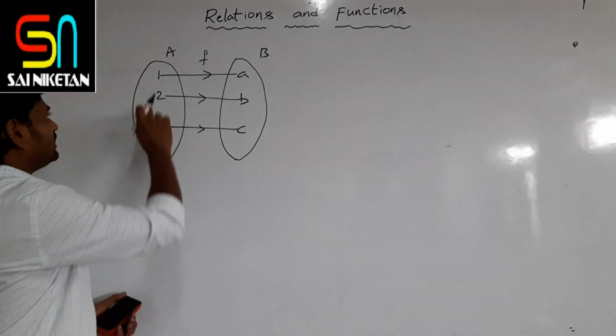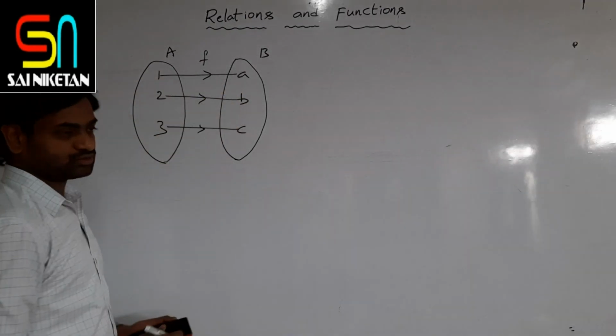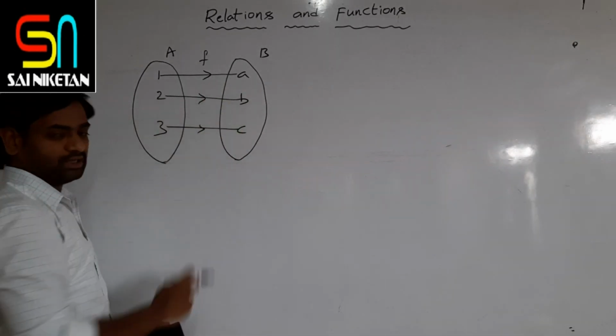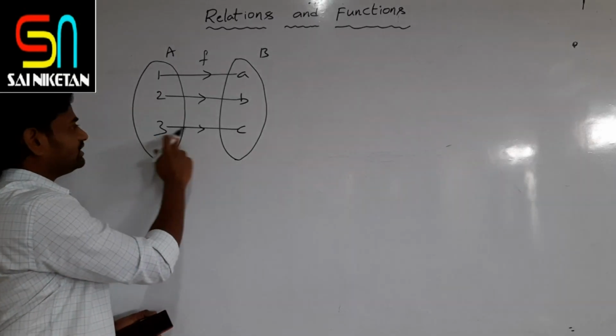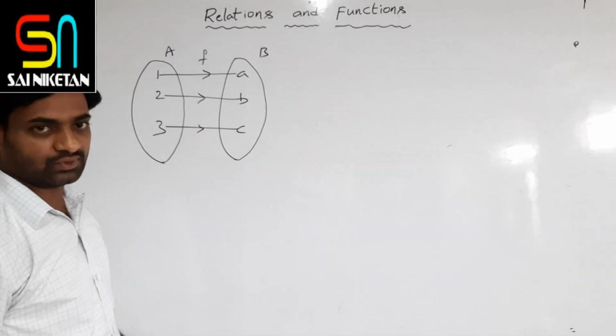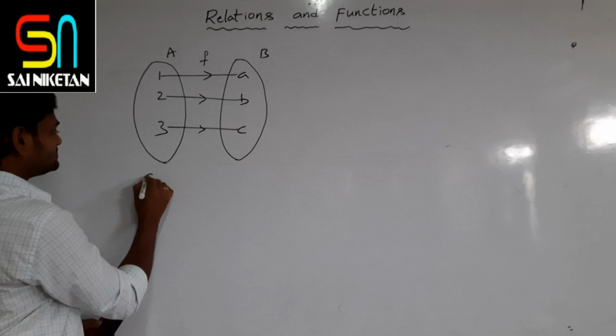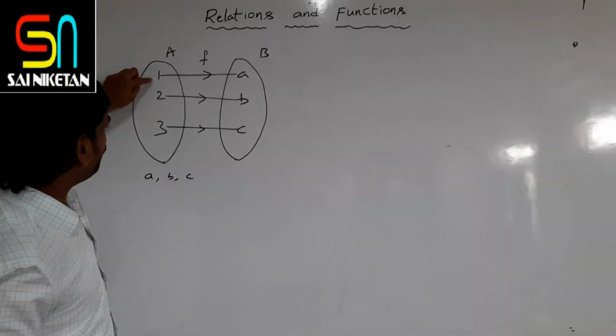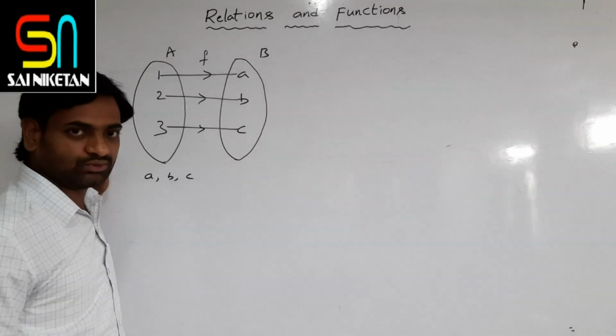So the image of 1 is small a, the image of 2 is small b, the image of 3 is small c. So these a, b, c are called images of 1, 2, 3 respectively.